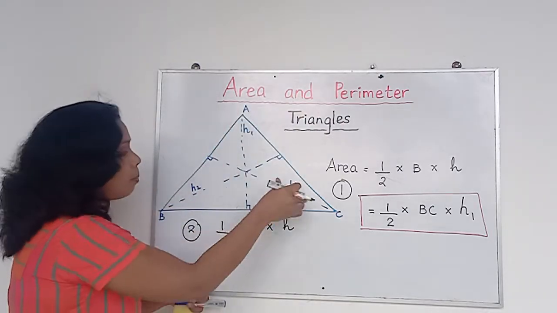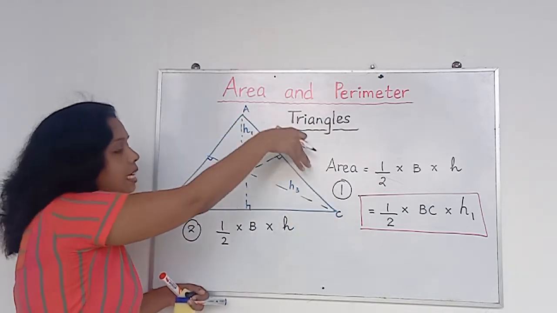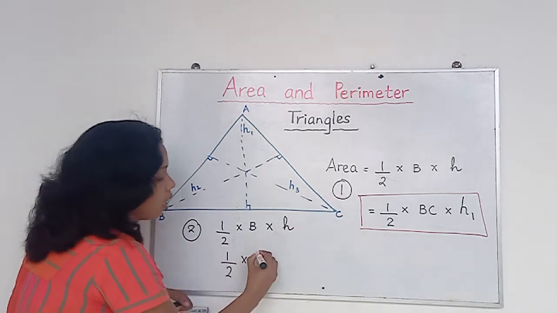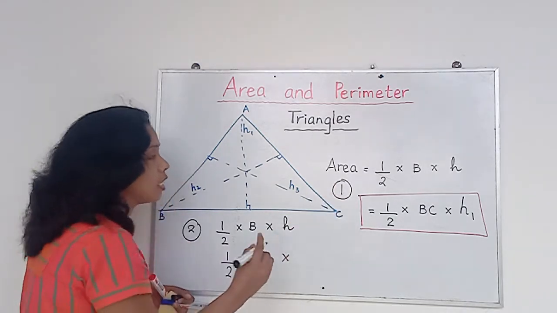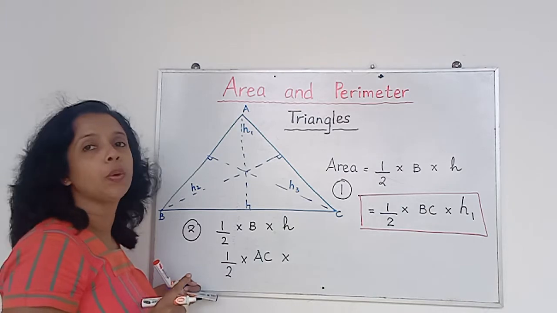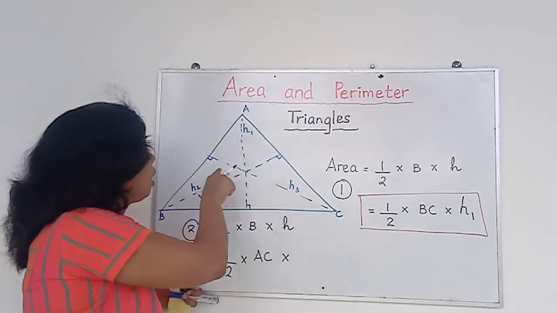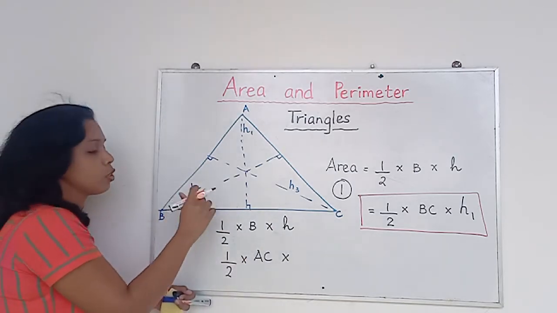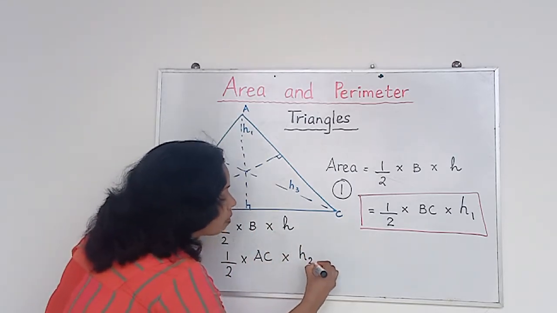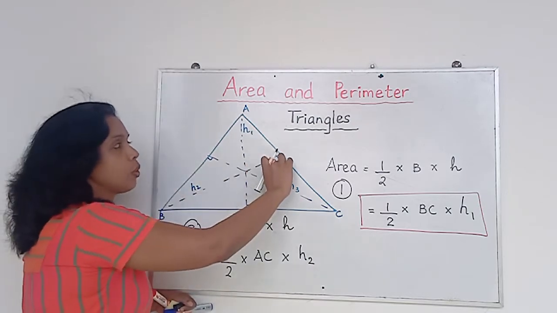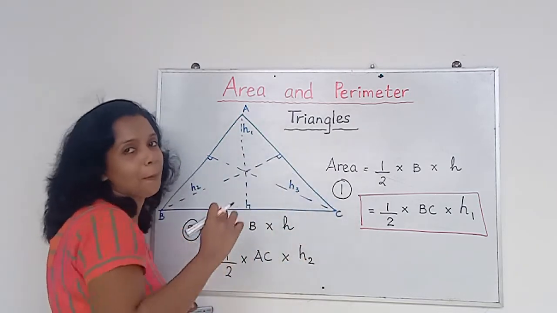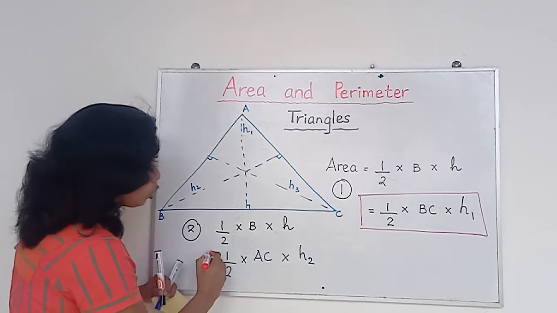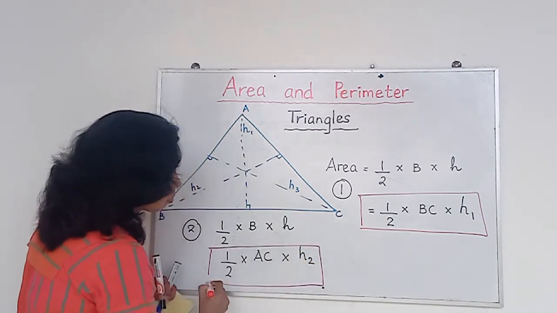Now tell me, if AC is your base, what perpendicular height can you select: H1, H2 or H3? I want to take the H2 value because it has been drawn against this AC base. So that is the second option any student can choose for this triangle.